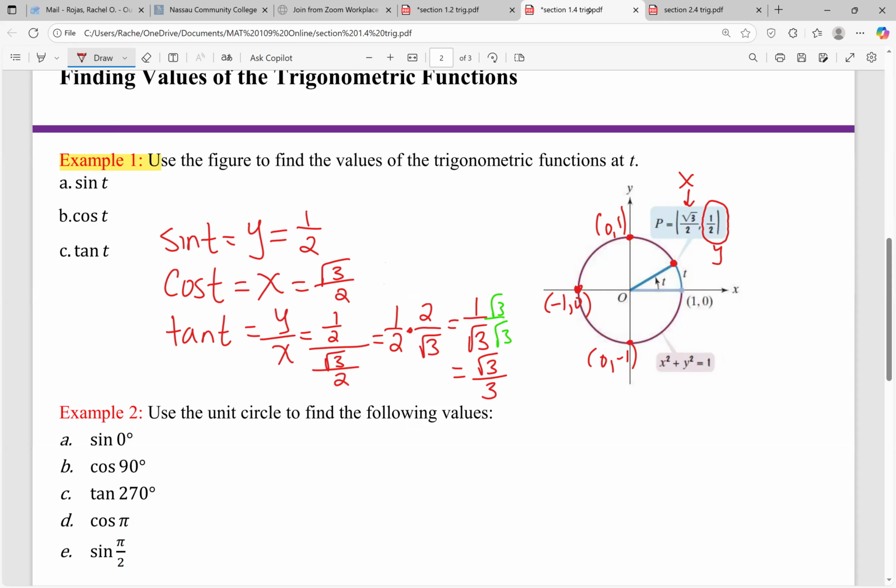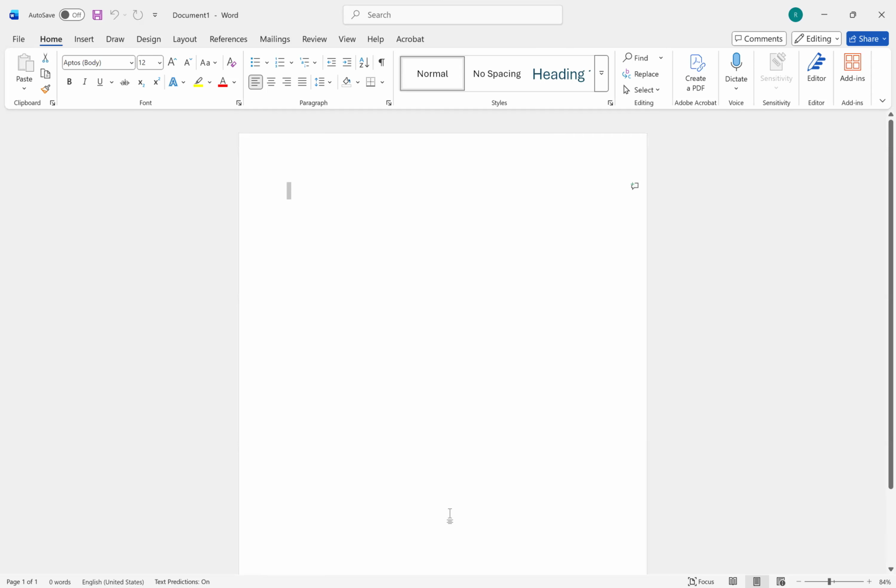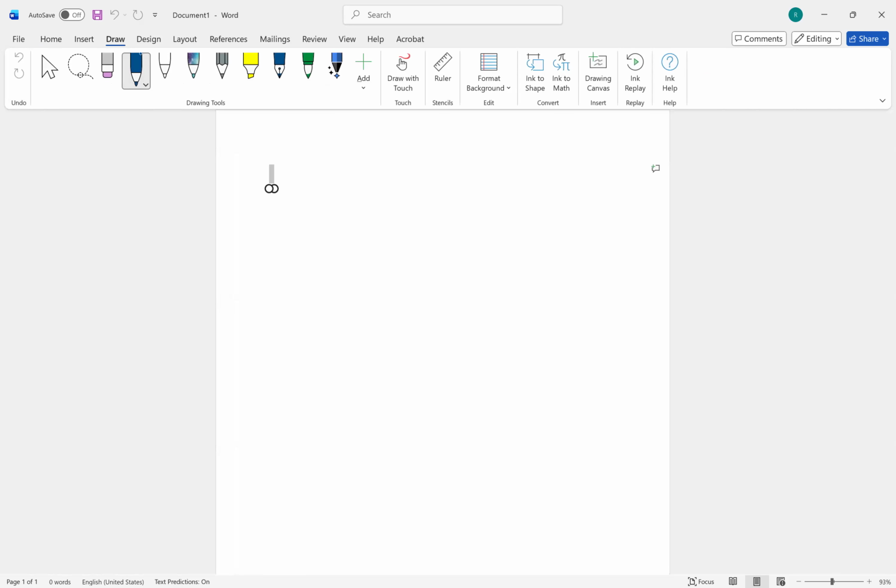So let me give you another example. So let's say I have my unit circle.